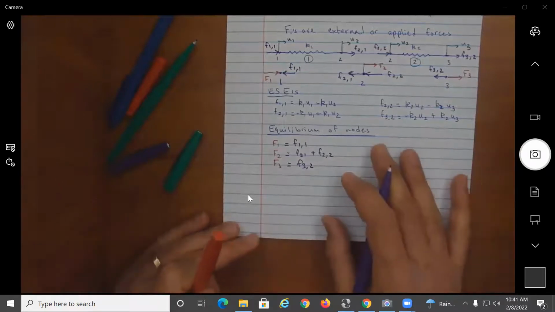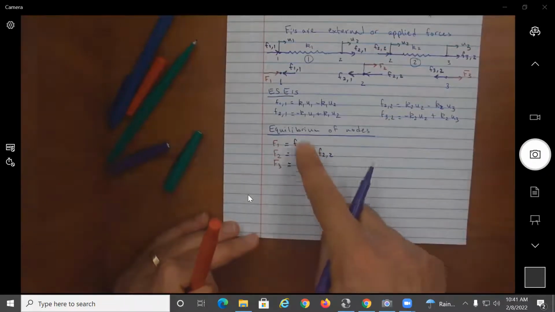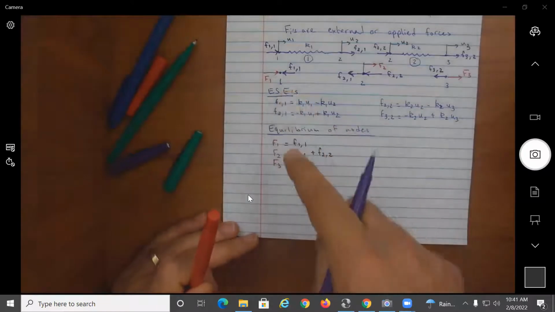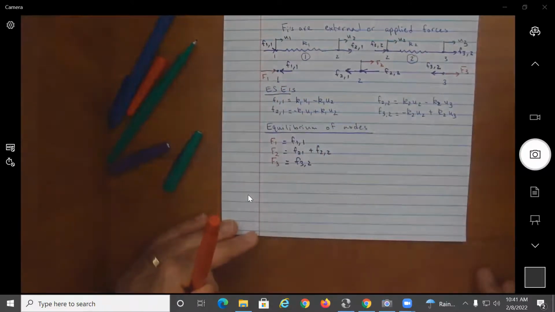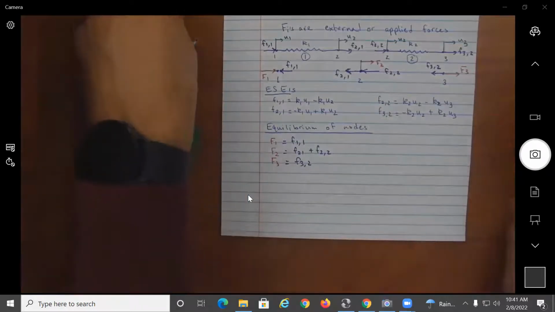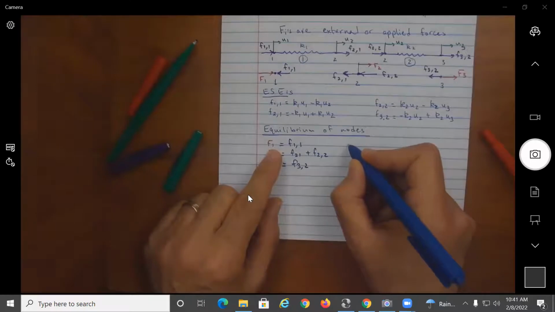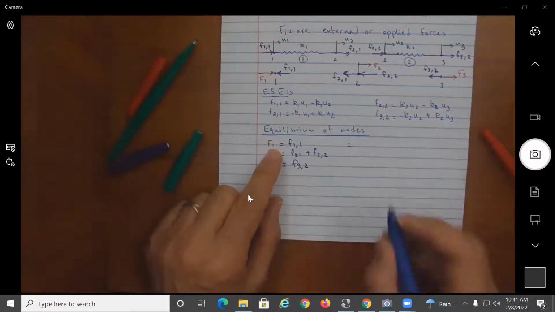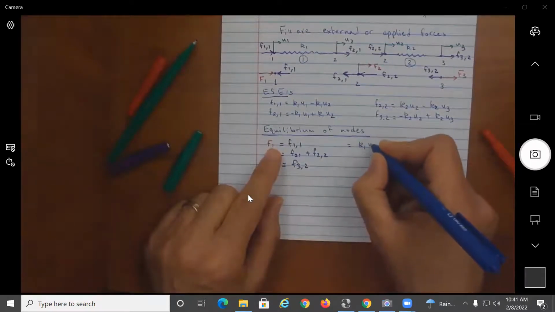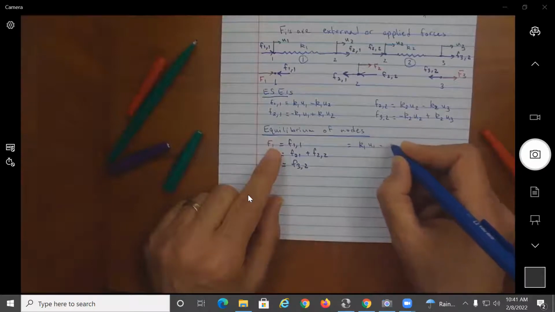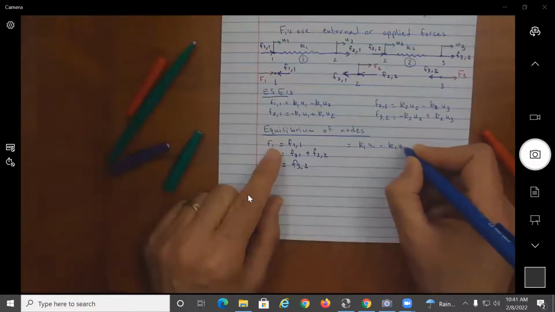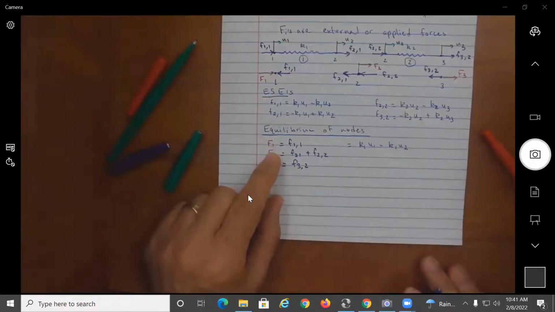What I'm going to do is substitute from the element stiffness equations into these equilibrium equations. So F1 is equal to K1U1 minus K1U2. Correct?